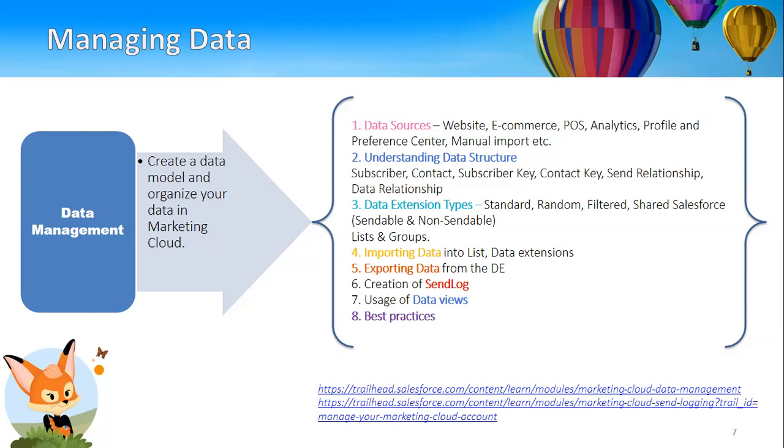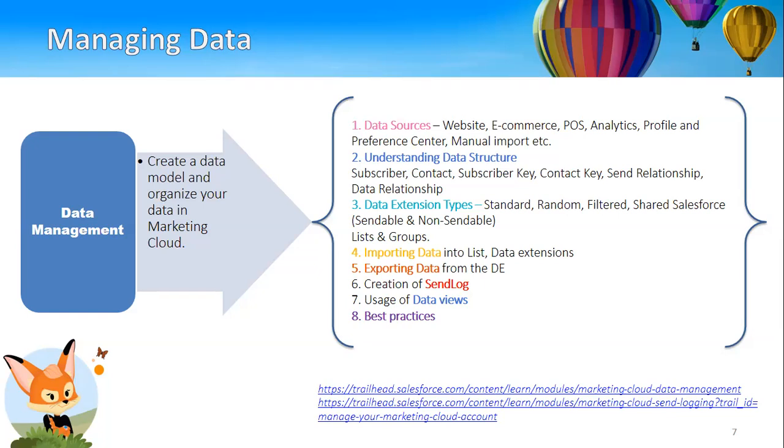And this subscriber key and contact key are the unique identifiers to identify them. So this subscriber key will be some 18-digit value. And a best practice is not to use email address as a subscriber key, because the same family, husband and wife, may use the same email address. Let's take an example.